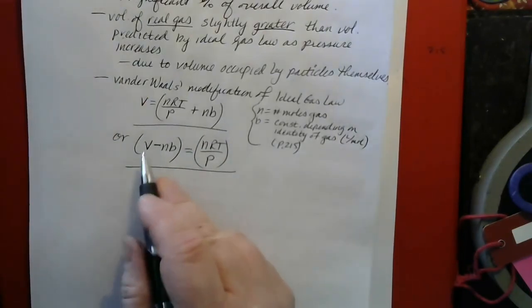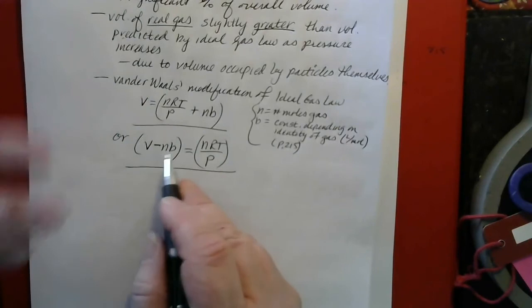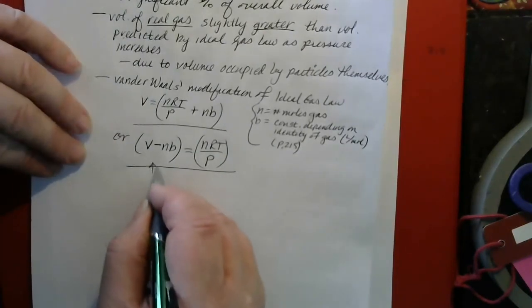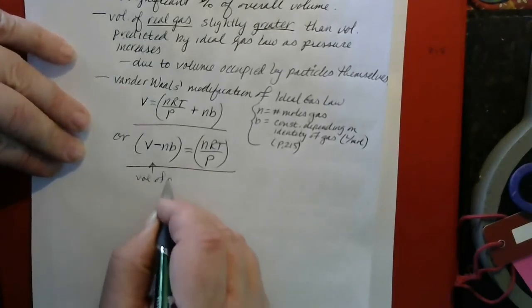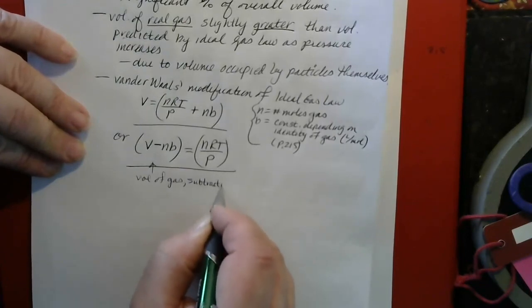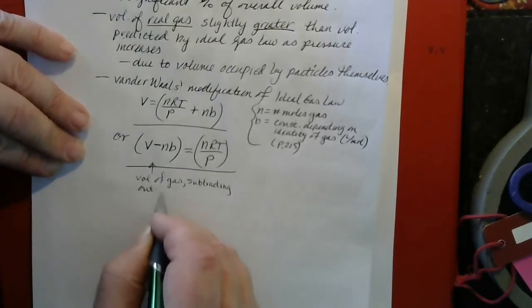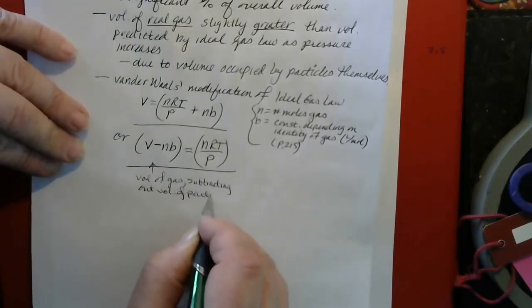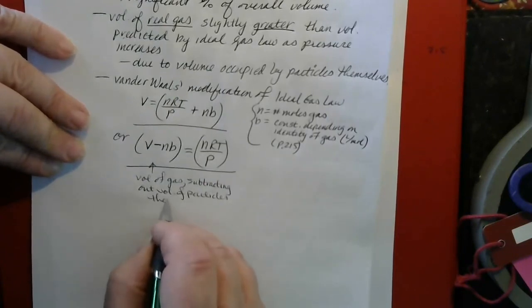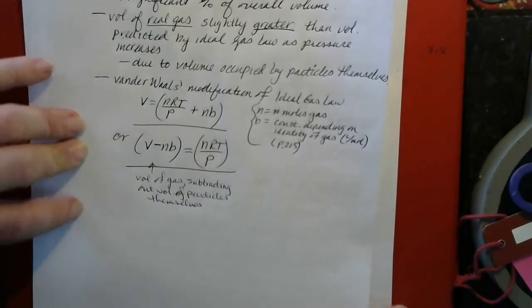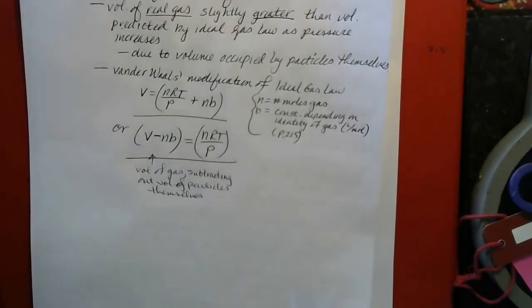So this is the volume of the gas, subtracting out the volume of the particles themselves. Okay, so that's what that is. That's the correction to the ideal gas law.